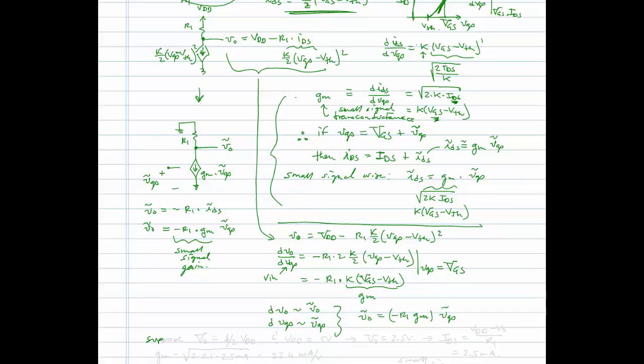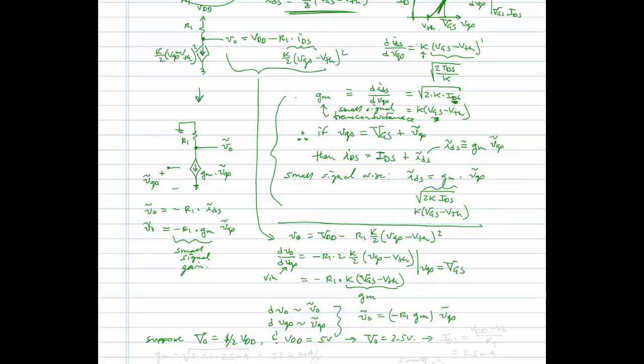Suppose, well, we had some values up here. We didn't define R1. Let's say R1 was equal to 1 kilo ohm. Suppose big VO was equal to 1/2 VDD, and VDD was equal to 5 volts. That means VO is equal to 2.5 volts.